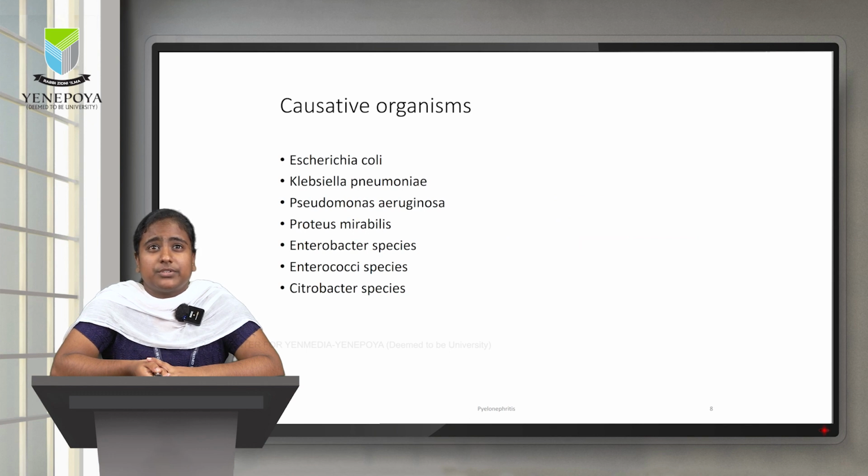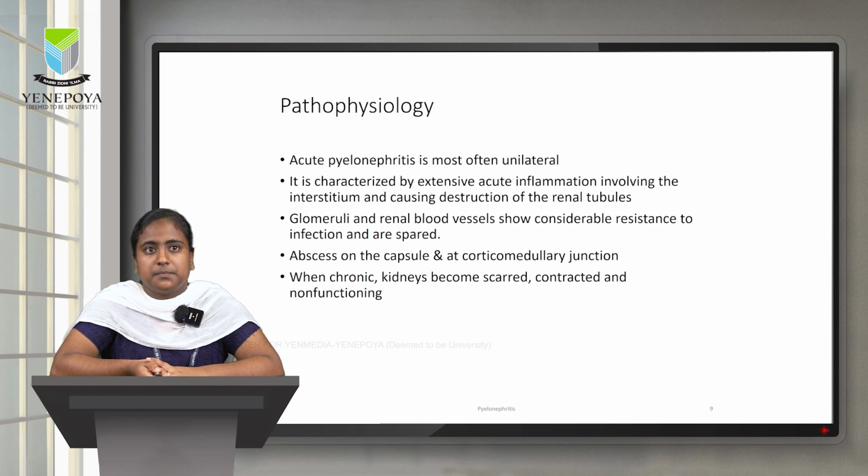So what are all the causative organisms? The most common organism is Escherichia coli, then Klebsiella pneumoniae, Pseudomonas aeruginosa, Proteus mirabilis, Enterobacter species, Enterococci species and Citrobacter species. Coming to the pathophysiology, acute pyelonephritis is most often unilateral, but it can be bilateral also.